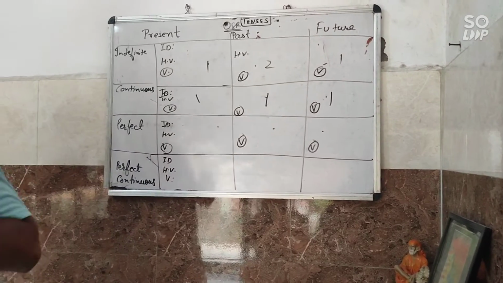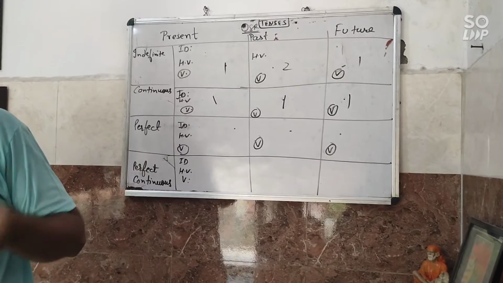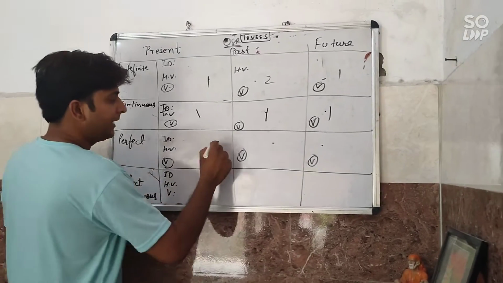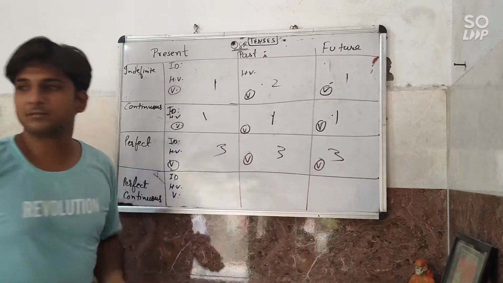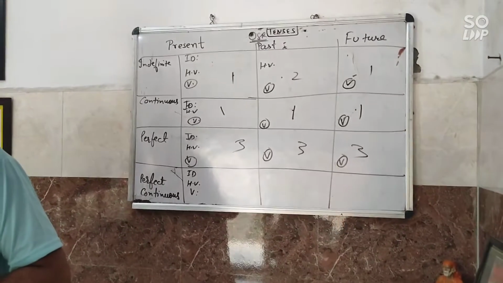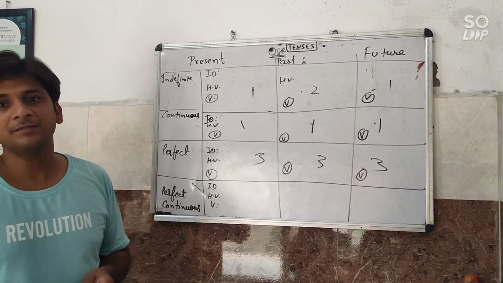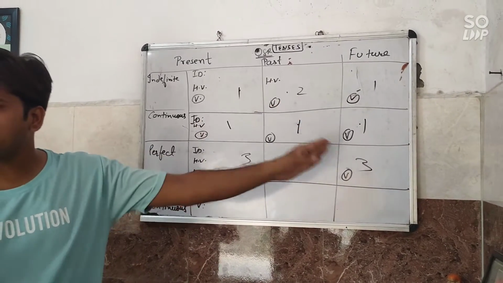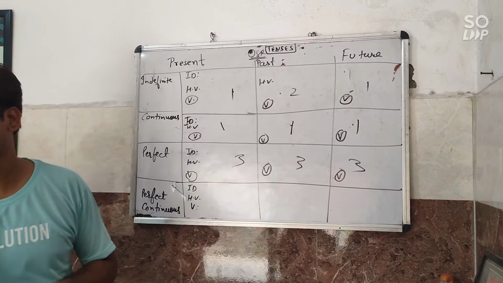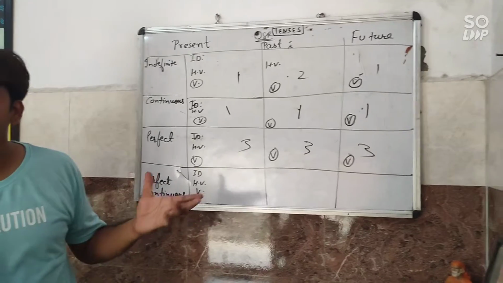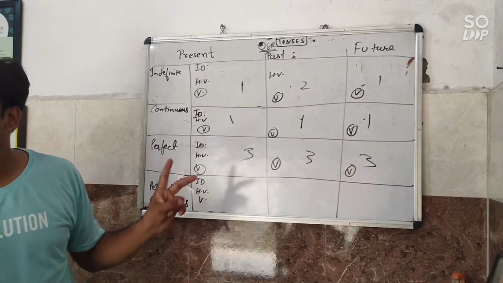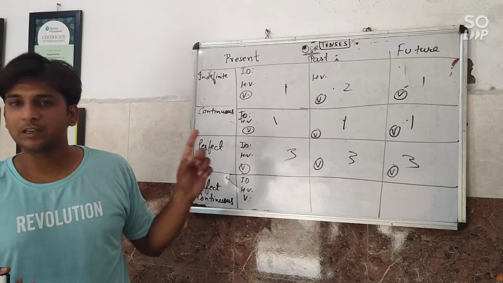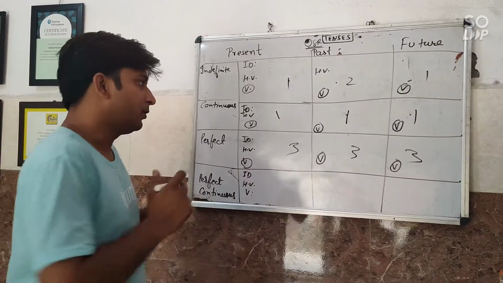Learn with me: 1 2 3, 1 1 1 1, 3 3 3. Clear? Yes, sir. Did you learn the verbs of all tenses? Yes, sir. Great.